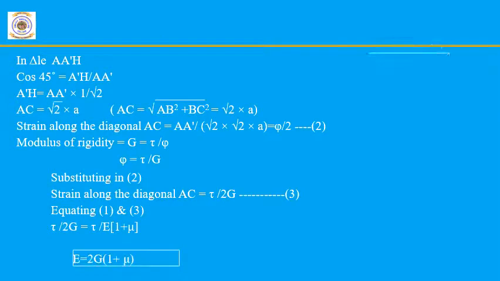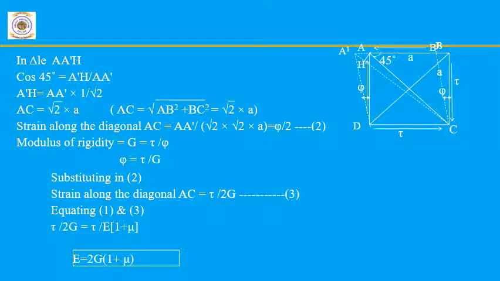So next one, if we see the diagram, suppose the angle is 45 degree, so angle H A dash A is 45 degree. If we consider the cos 45, adjacent side by hypotenuse, adjacent side is A1H, hypotenuse is A dash A, and cos 45 degree is nothing but 1 divided by root 2.